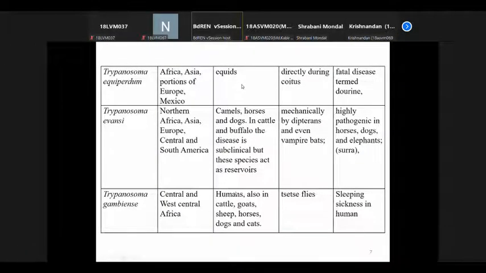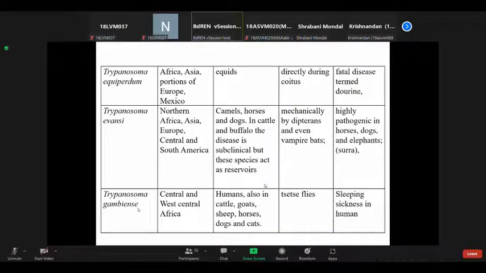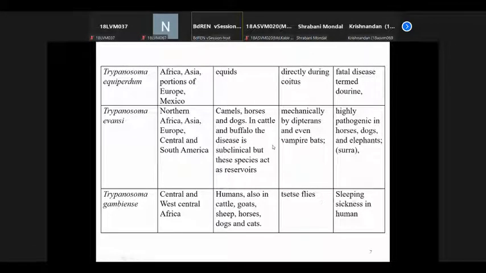Humans, and also cattle, goats, sheep, horses, dogs, and cats. Mostly humans suffer. Trypanosoma gambiense, you know, Gambia, the name of the place. So the tsetse fly is responsible for transmitting the disease and it produces sleeping sickness in humans.